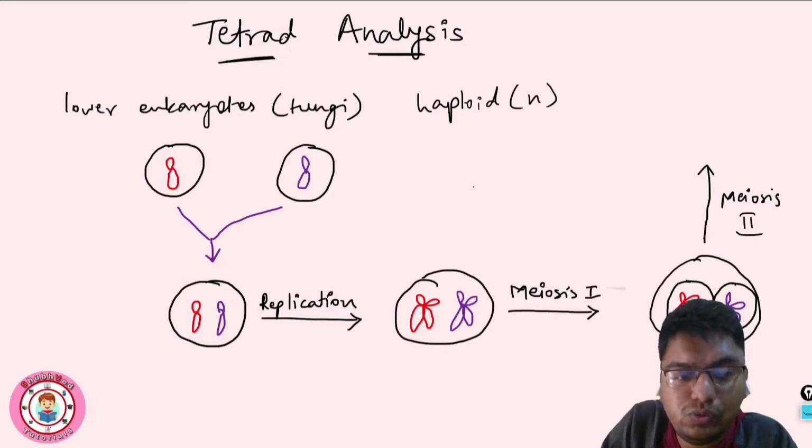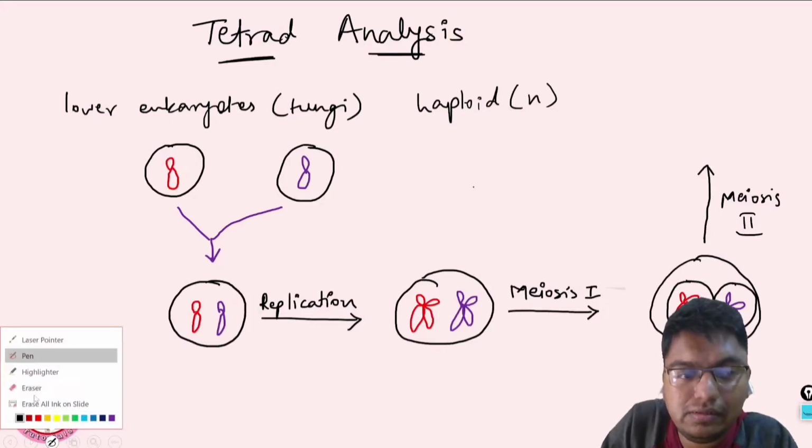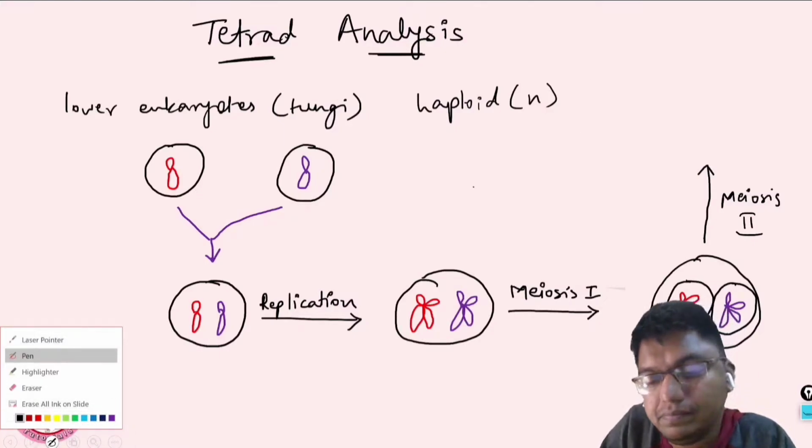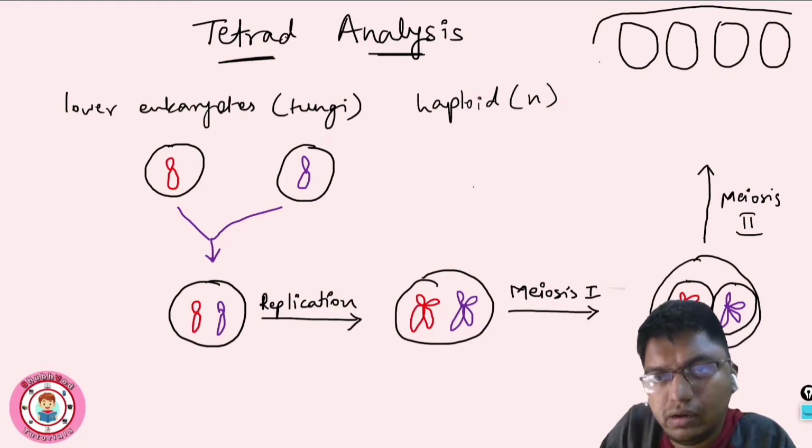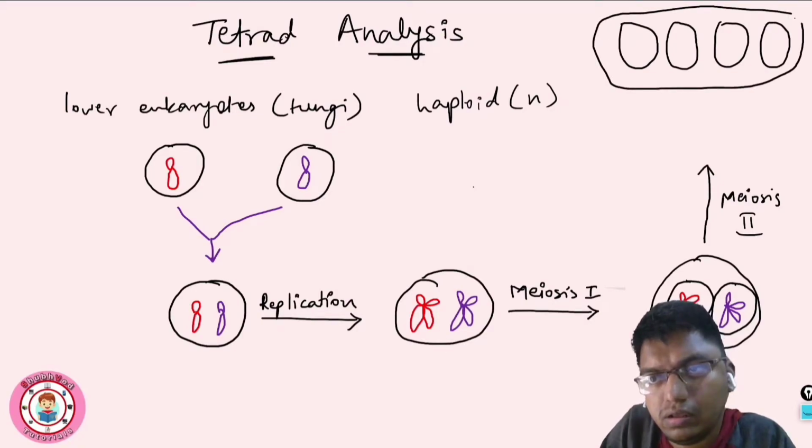After meiosis 2, what happens? The sister chromatids will get separated. I will draw a big circle as 1, 2, 3, 4.